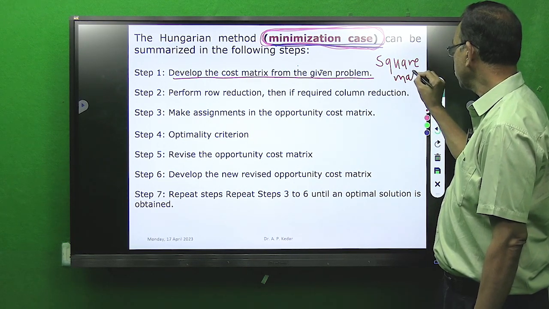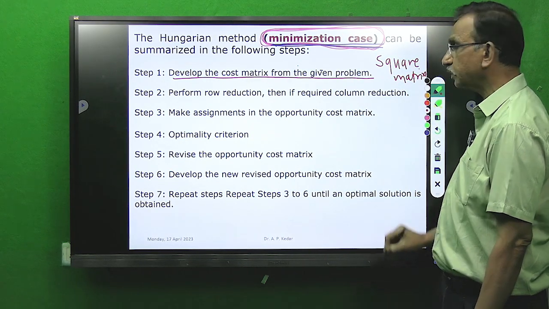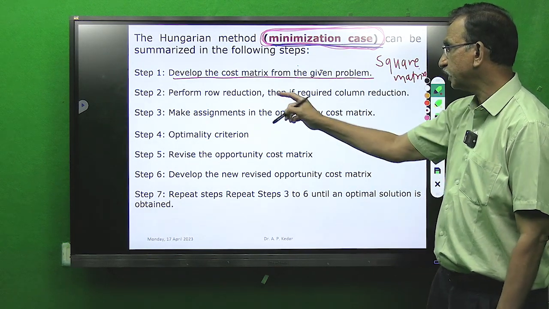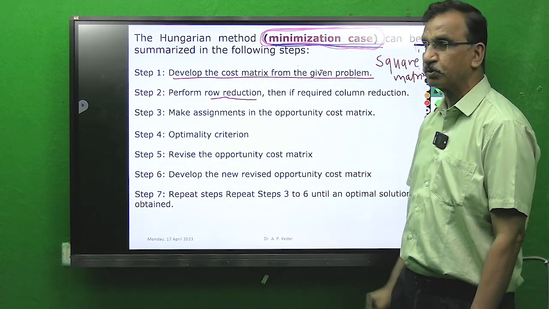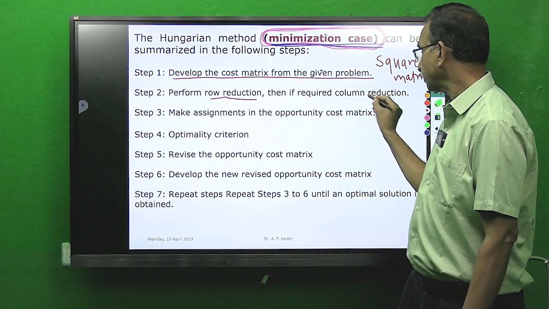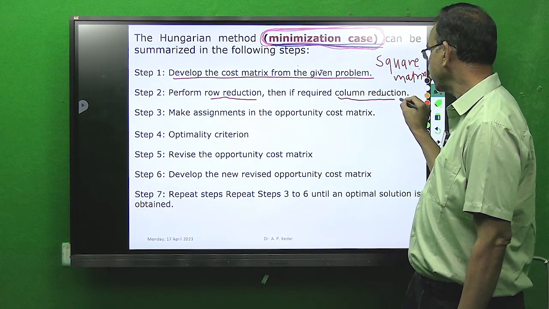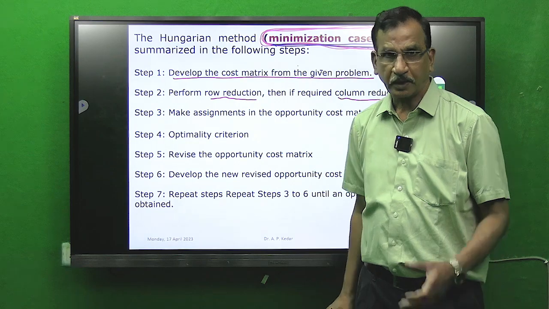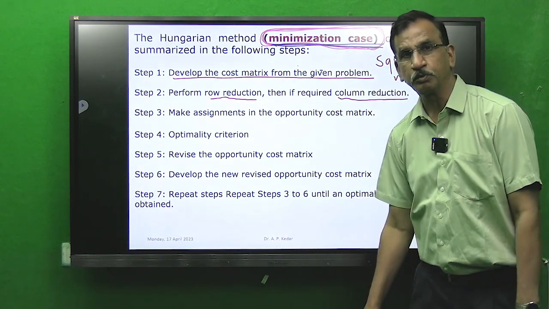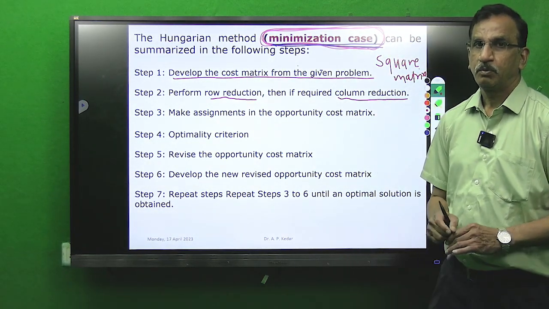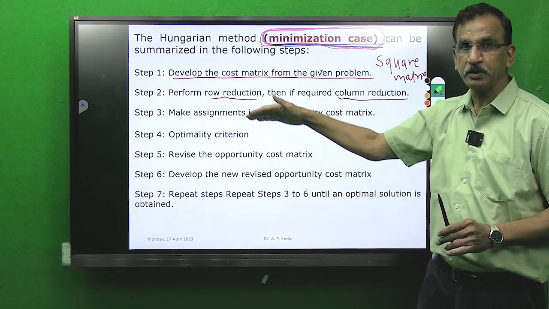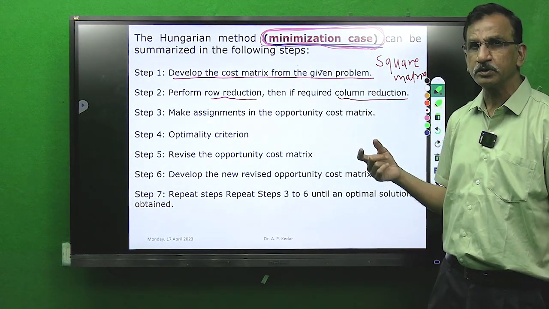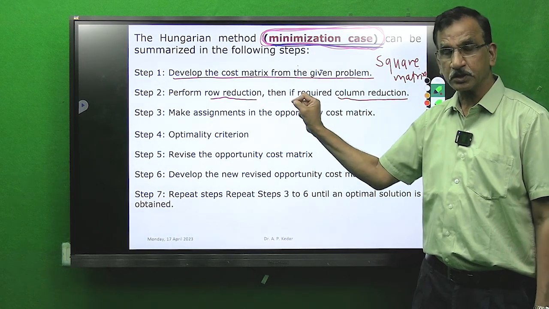Second, perform row reduction, if required perform column reduction. You just write all these steps in your notebook. While solving the problem, I will explain the details of each step. Right now you can write these steps in your copy.